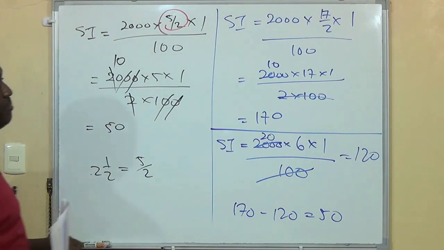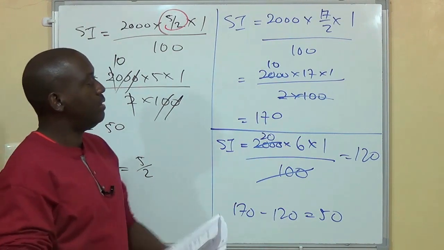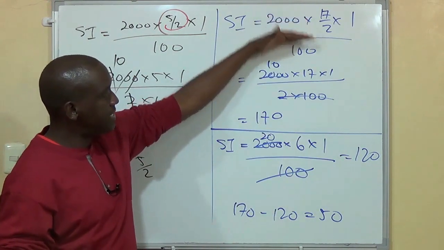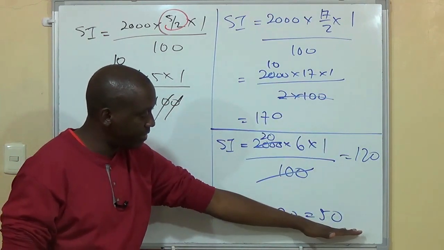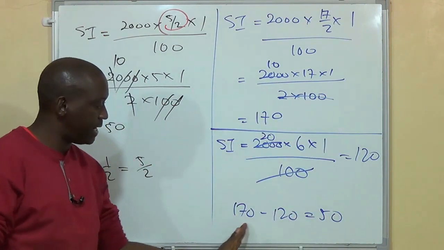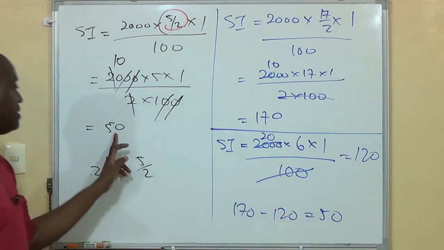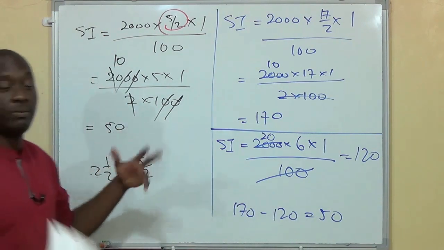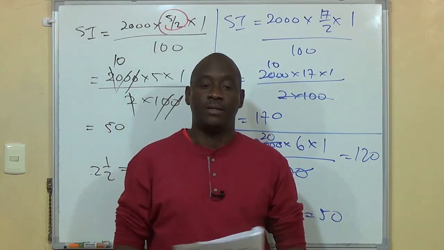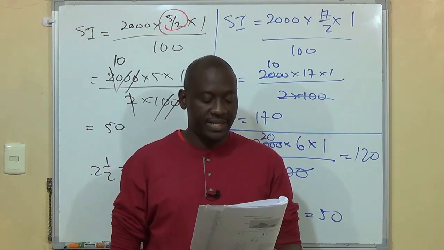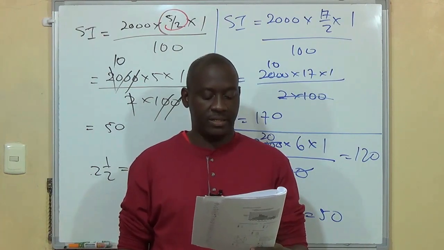Or if you prefer, you could work out the entire formula for one rate, and for another rate, and then you minus, and you get the same answer. So it's up to you. Two options have been presented in this video. In this case, the answer is answer B, $50.